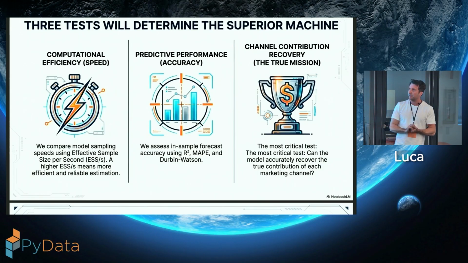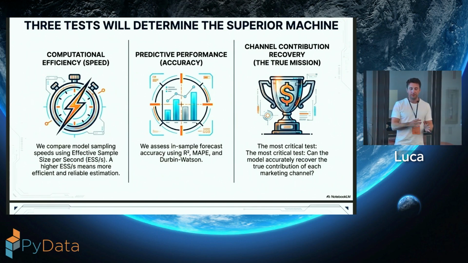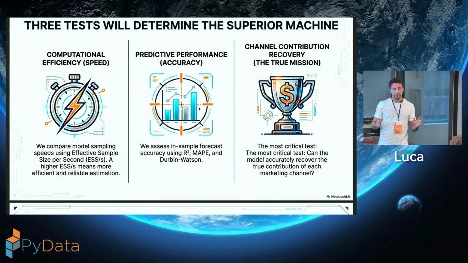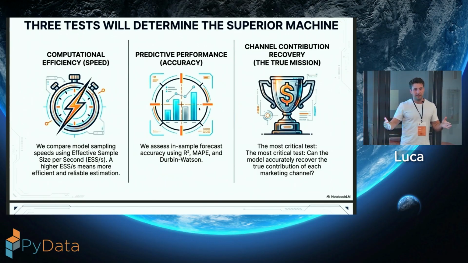We're going to compare them across computational efficiency, which is the speed of fitting these models; predictive accuracy, which, as we said, is not the goal, but is something you need to take care of or try to understand. This mostly tells you not whether the model is good at making predictions of the target variable, but whether the model is flexible enough in terms of parameterizations to fit the data.